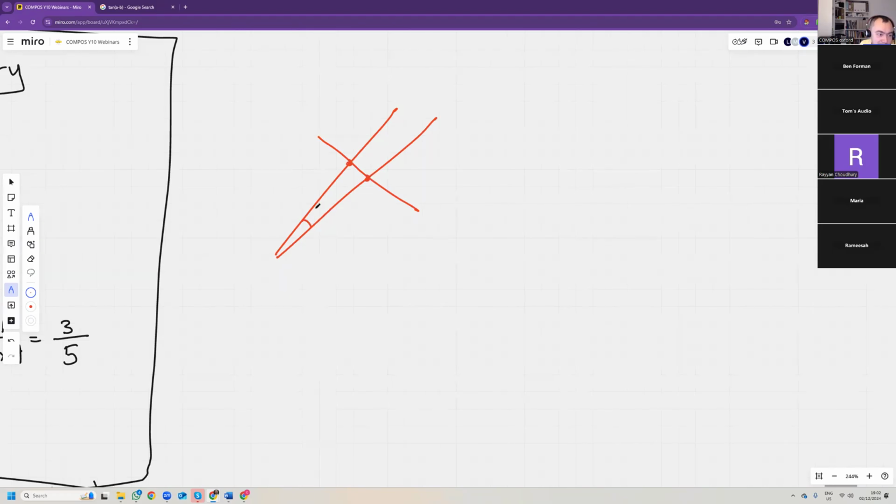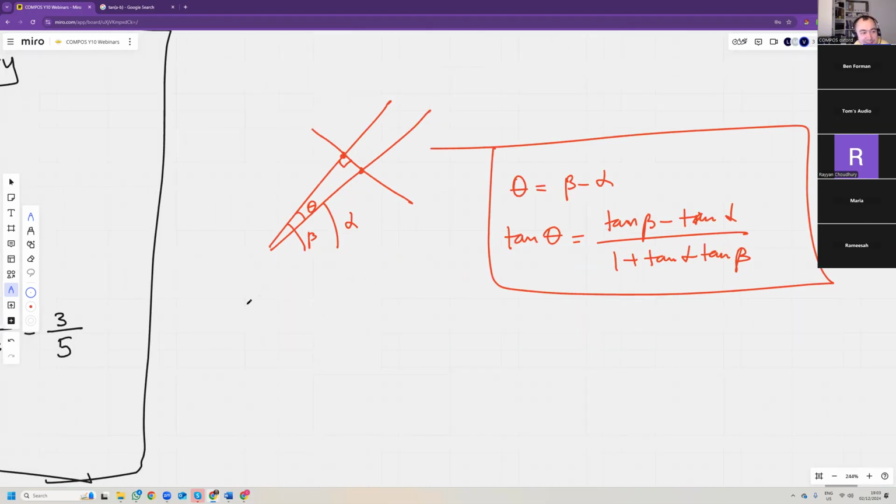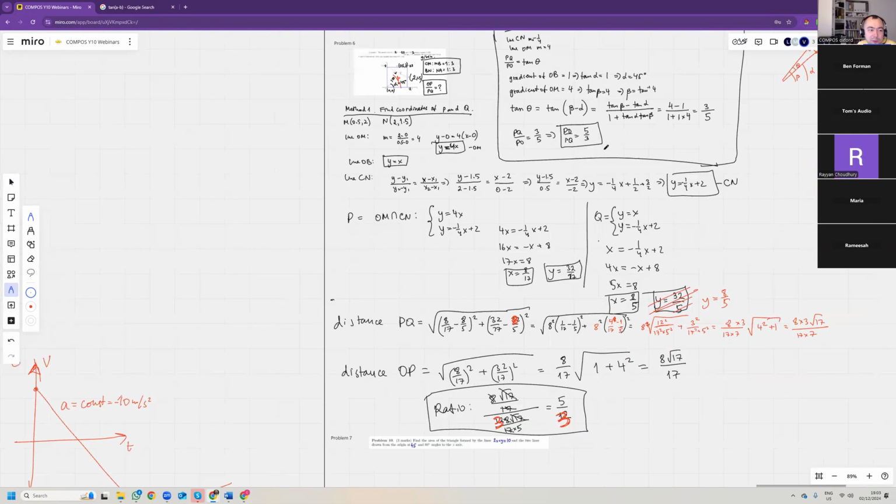So this angle theta, this angle is beta, this angle is alpha. So theta is beta minus alpha. And the ratio that you want is tan theta. And tan theta can be found as tan beta minus tan alpha divided by 1 plus tan alpha, tan beta. That's a formula you can look up. So yeah, go ahead. You can do this problem in a similar way.